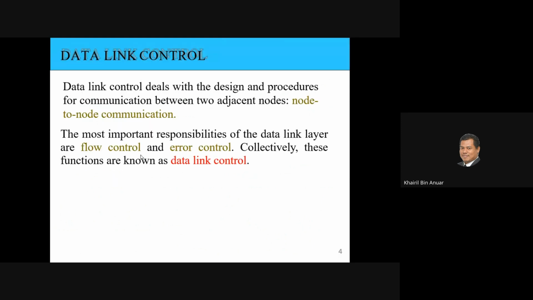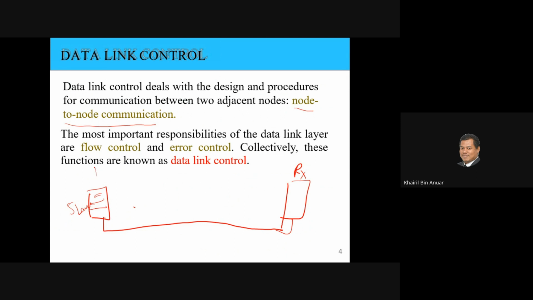So data link is basically designed for node-to-node communication. Say that you have your IP address. So these are the 5 layers, and this is the medium, and then this is your end receiver. This is the RX, this is the transmitter TX.